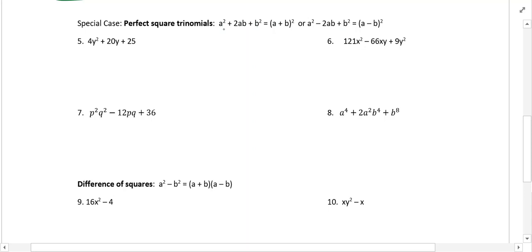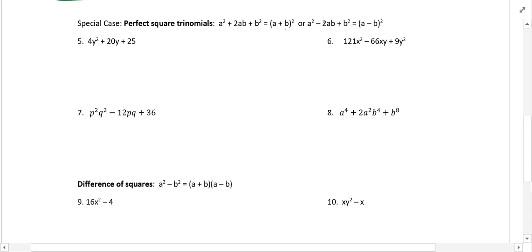If you follow this rule, you take the square root of a squared and the square root of b squared, and you put them like this: a plus b. If you squared the first term, you get this term. If you multiplied a times b together and then multiplied it by 2, you'd have the middle term, 2ab. And if you squared the last term, then it's a perfect square trinomial, and you could go straight to its factored form.